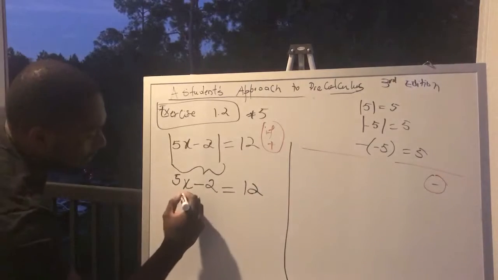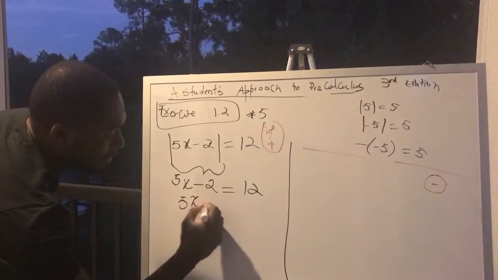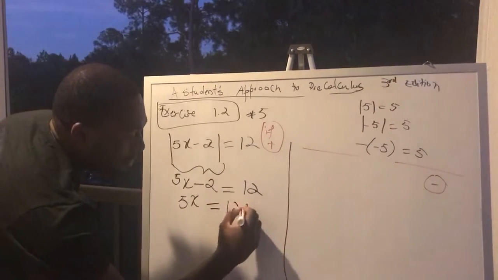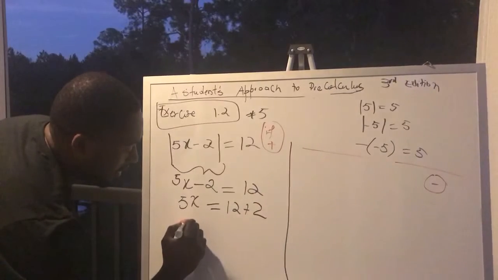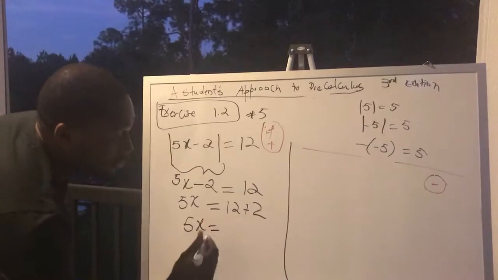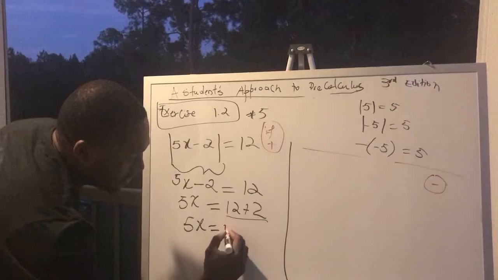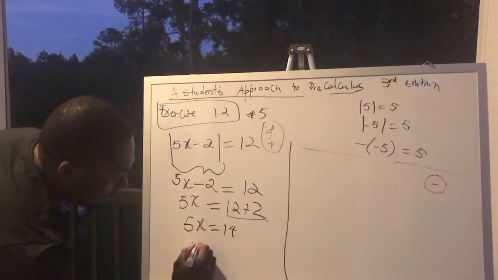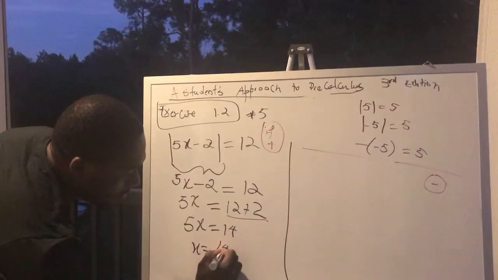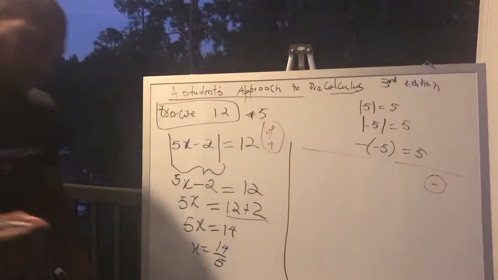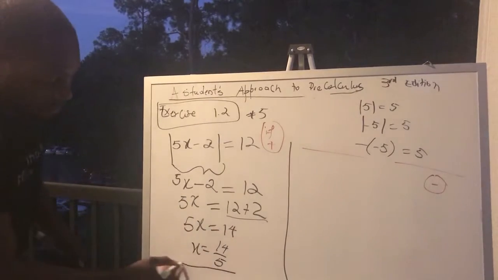Now we know how to solve this. 5x is equal to 12 plus 2, which is 14. X is equal to 14 over 5. All right, so that's one solution.